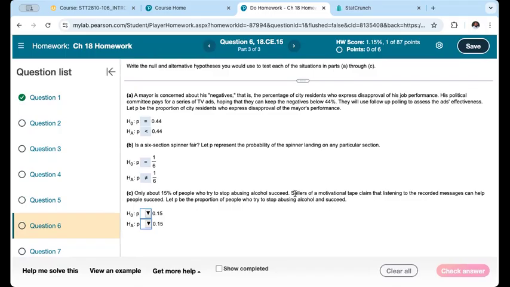And then let's look at the last one, C. What do you think will be the null hypothesis? So here would be equals. How about the alternative? Why do you think it's greater than? Because it's trying to be people who stop abusing alcohol.